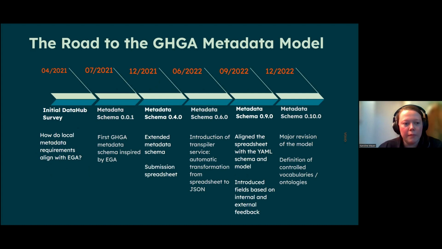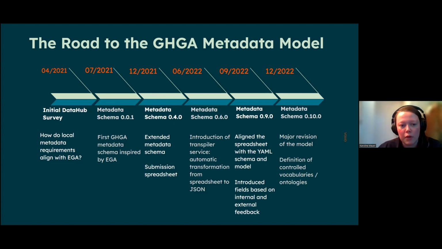So in April of 2021, we started off with an initial survey among the data hubs that are associated to GHGA, and we wanted to see how the local metadata requirements align with EGA. As you have heard in the introduction earlier, GHGA is a federated node of EGA, which means that we have to find a certain consensus with the EGA metadata model.